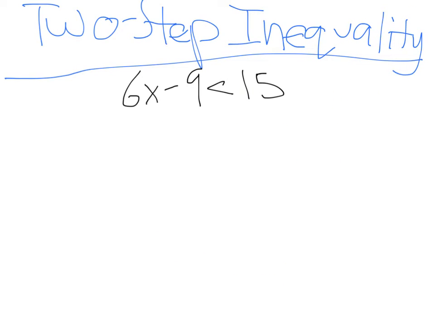So now we're doing two-step inequalities. What you want to do is addition and subtraction first. And so I'm going to add this 9 right now. So 15 plus 9 is 24.